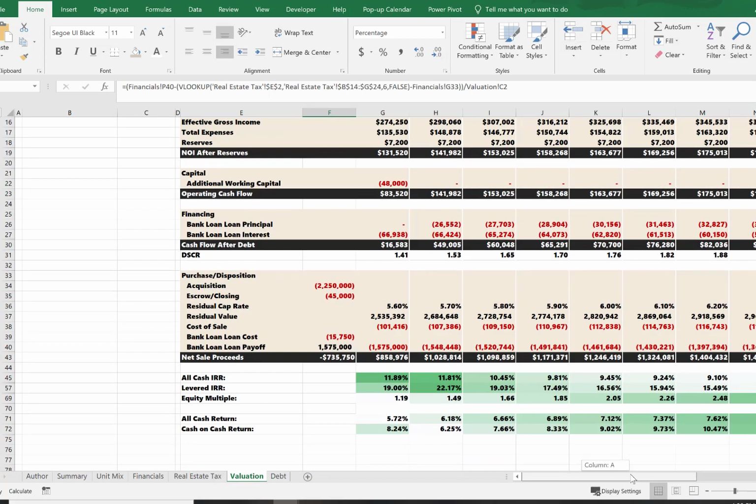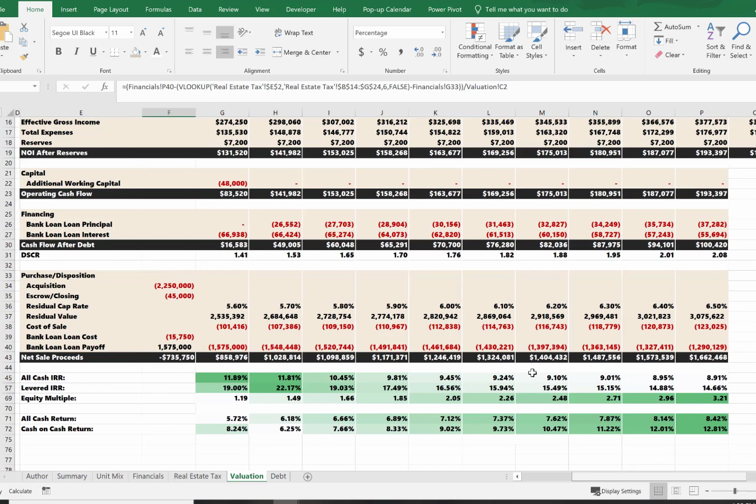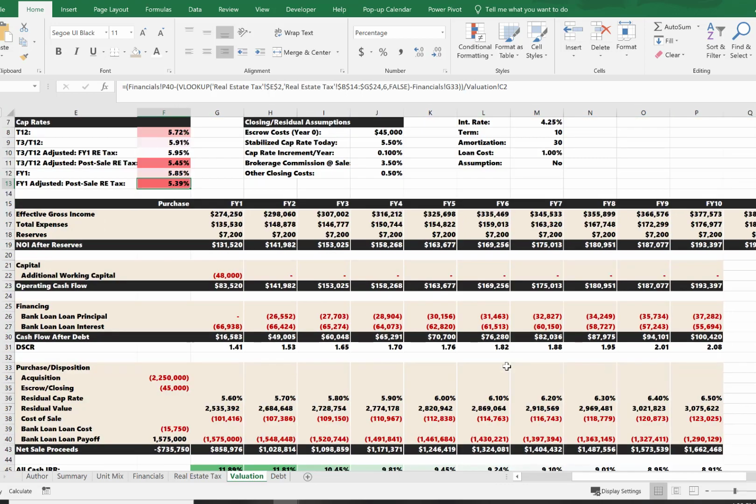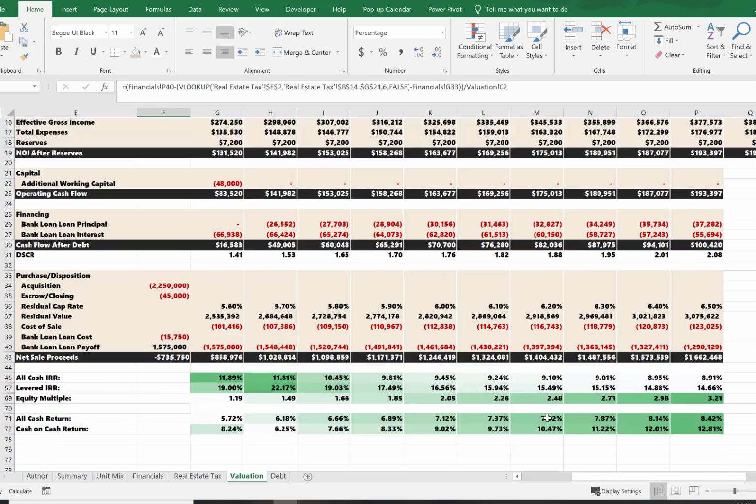The levered IRR, which is a metric I like, is boosted a little bit. Year 7, it's in the mid-teens, which feels a lot better. The equity multiple is getting close to 2.5 on the project. And the cash-on-cash returns are larger than the all-cash returns every year. So that would mean that this deal is producing enough cash flow in its current state at the price point where the leverage is accretive. You have powerful leverage here that's going to help boost the returns of the deal.